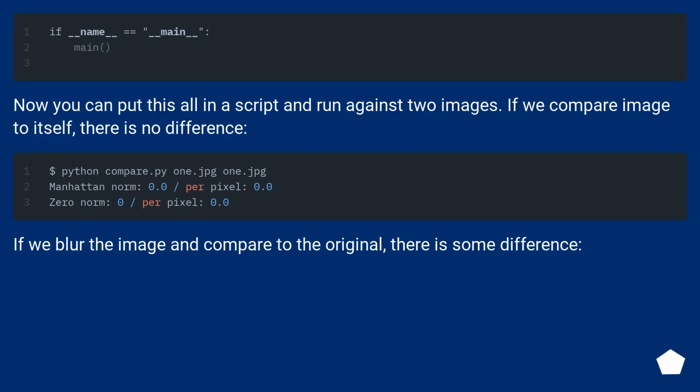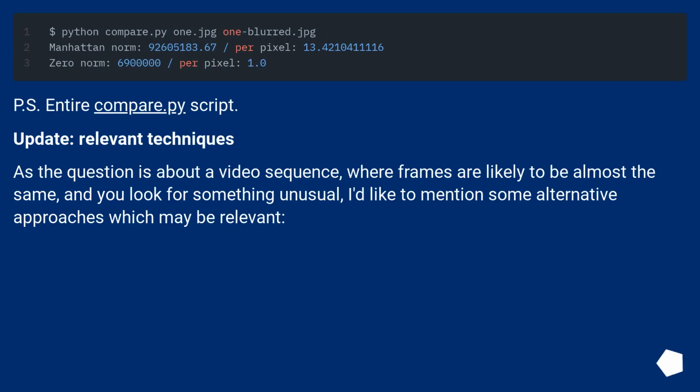If we compare image to itself, there is no difference. If we blur the image and compare to the original, there is some difference. P.S. Entire compare.py script. Update, relevant techniques.